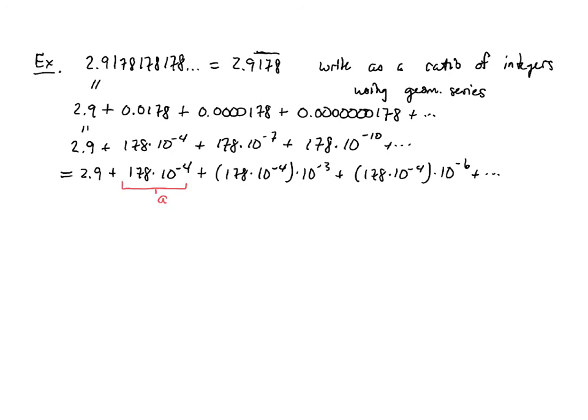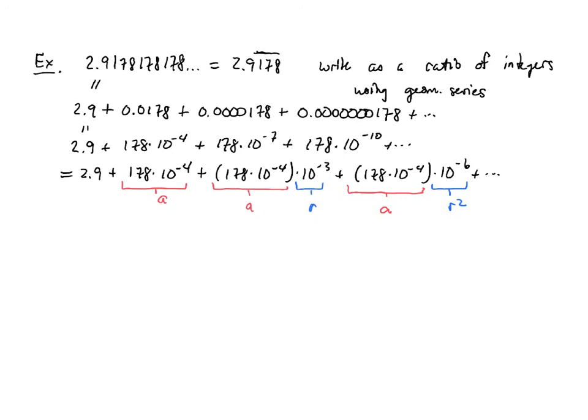And now, this number is going to be my r. And you can check, the next one in line is exactly our r squared. So I have exactly a sum that's of the form of a geometric series.